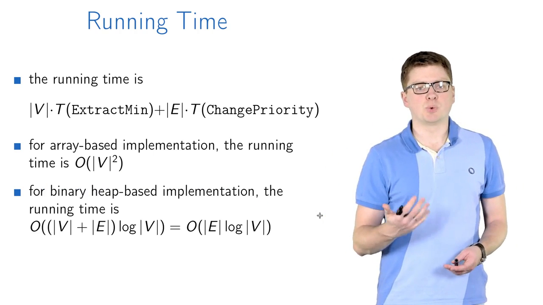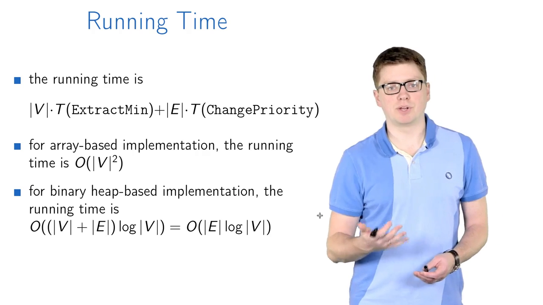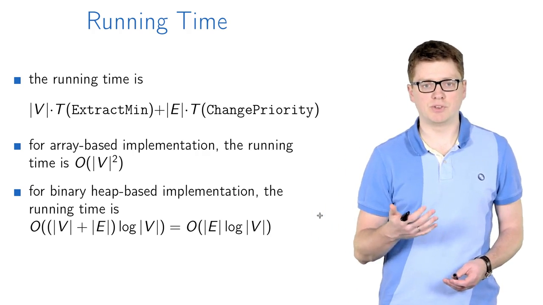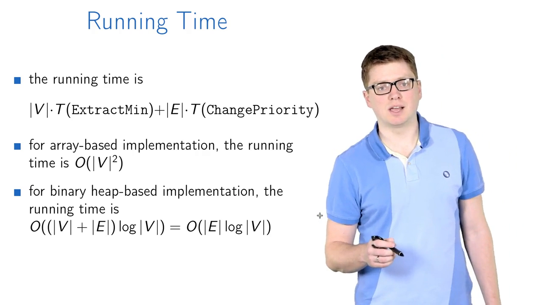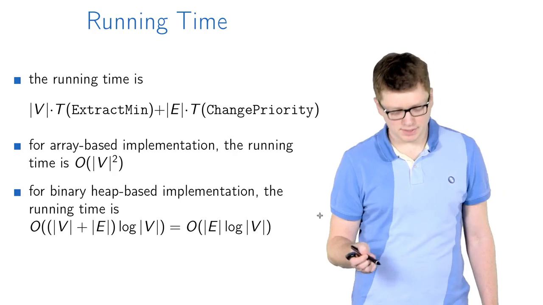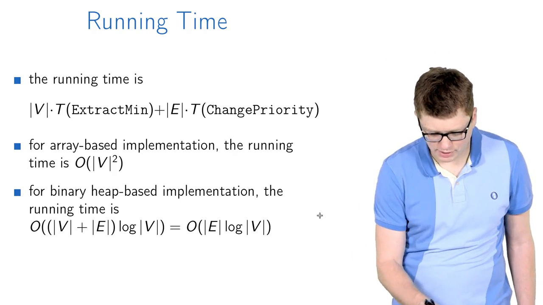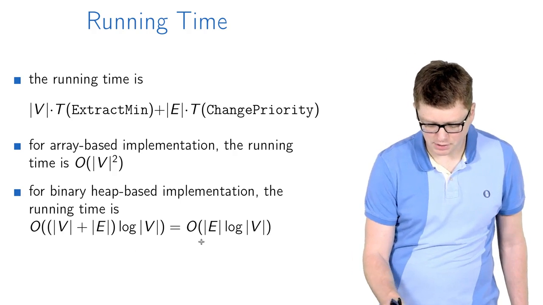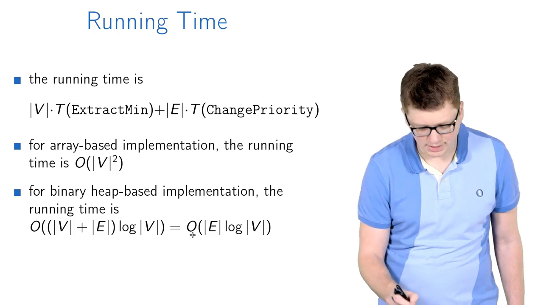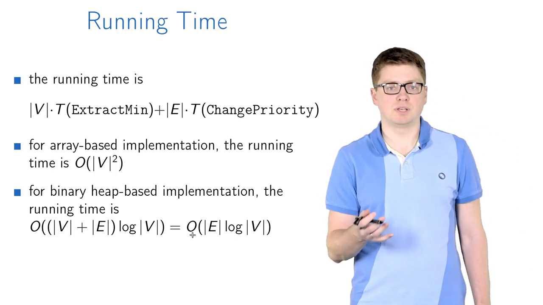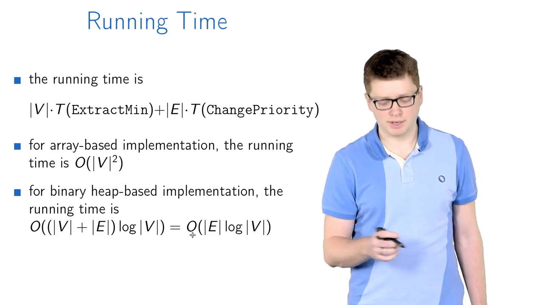If, on the other hand, we implement our priority queue data structure as a binary heap, then both these operations have running time big O of log V. In this case, we have the following running time: (V plus E) times log V. And since in our case the graph is connected, E is at least V minus 1.